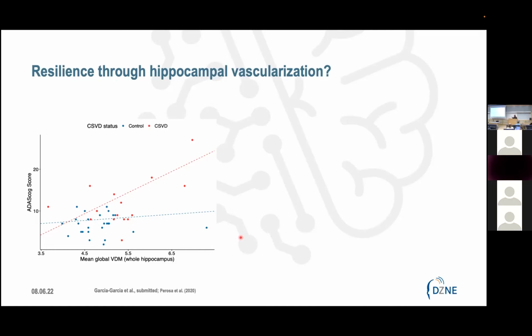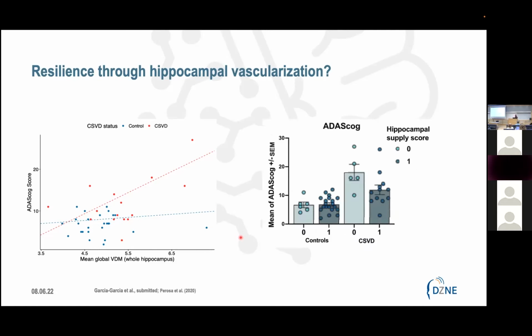In contrast, if you look at the red points, the CSVD patients, you see a clear relationship between VDM and cognition. So higher values of VDM, meaning greater distance to the closest vessel, mean greater ADAS-Cog scores, so worse cognition. And this actually fits with what Valentina found earlier with the patterns.